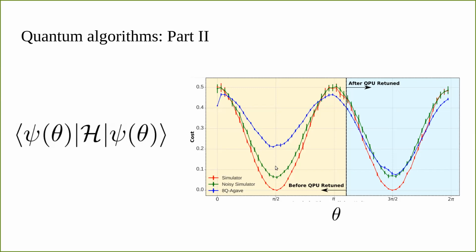Although there is this shift, this bias vertically, the argmin is at the same spot. So that can be one useful feature of variational algorithms, and one reason why they are a somewhat popular approach to implementing quantum algorithms right now.